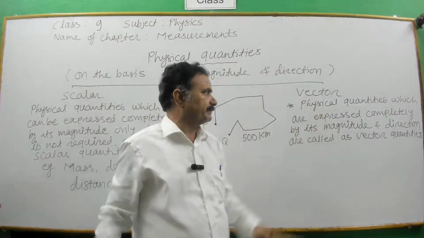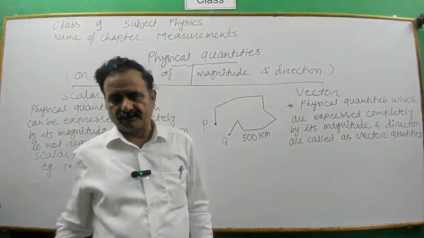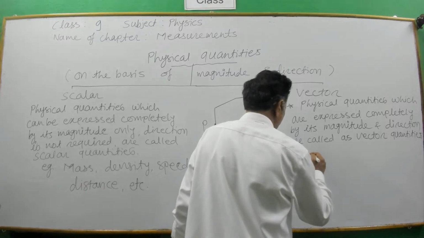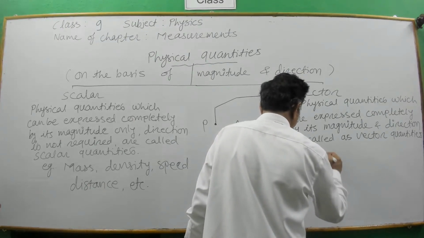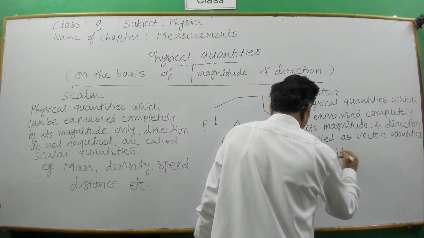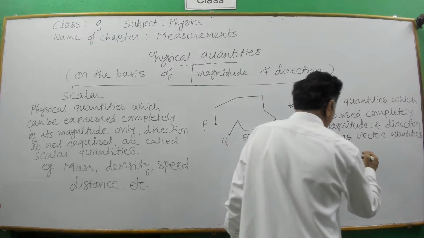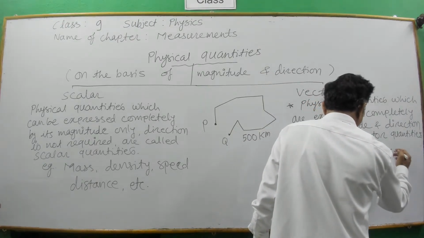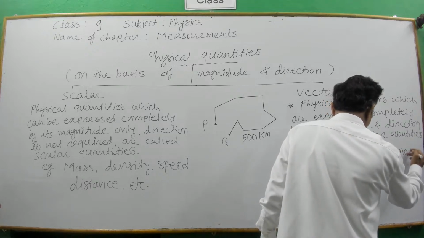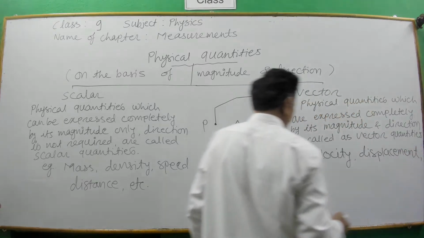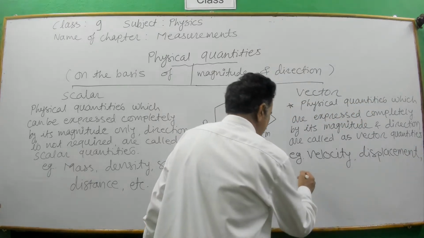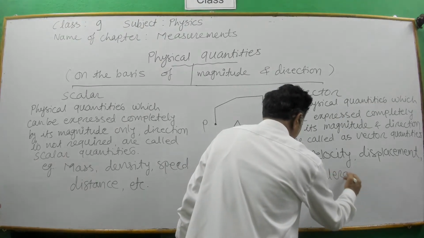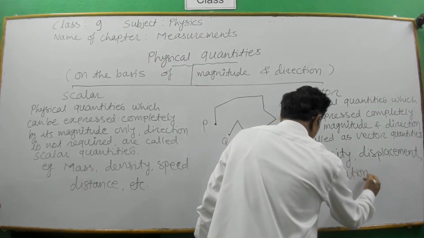They are called vector quantities. Examples: velocity, displacement, acceleration, force.